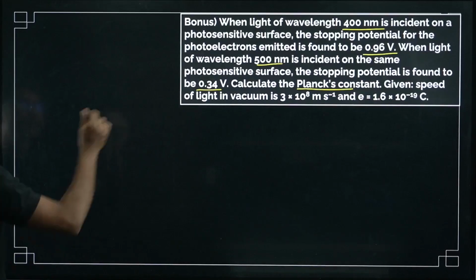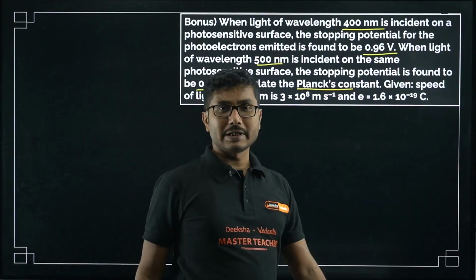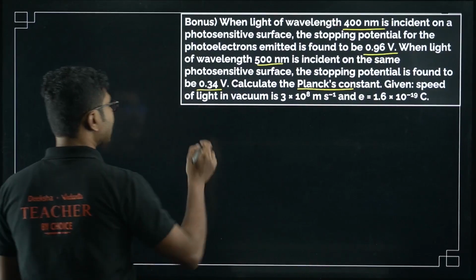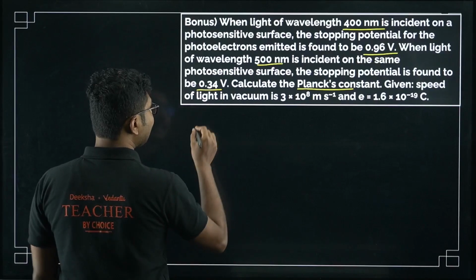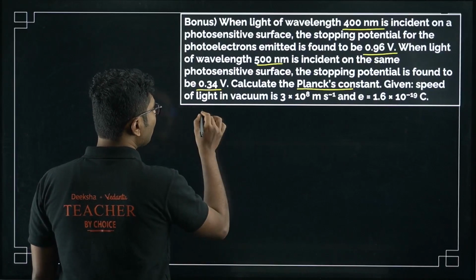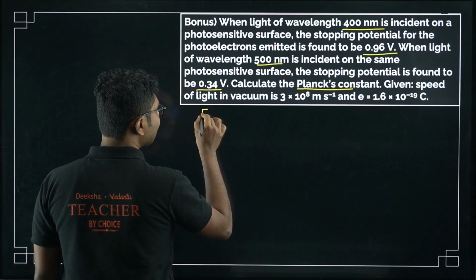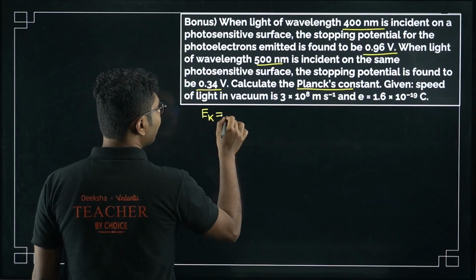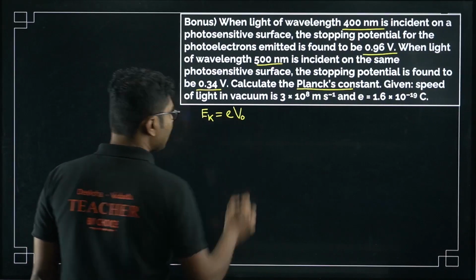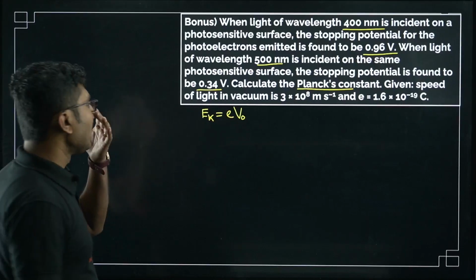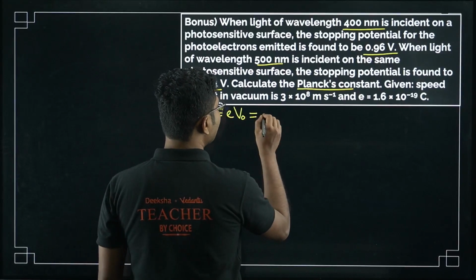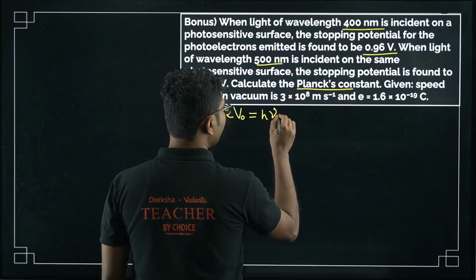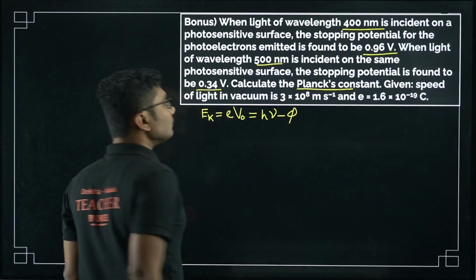So how to solve any question from the photoelectric effect in general? The main equation that you are going to use is that sometimes you might need to find K max, that is kinetic energy max, or sometimes you will use stopping potential. Both are the same by the way, and that equals h nu minus phi.